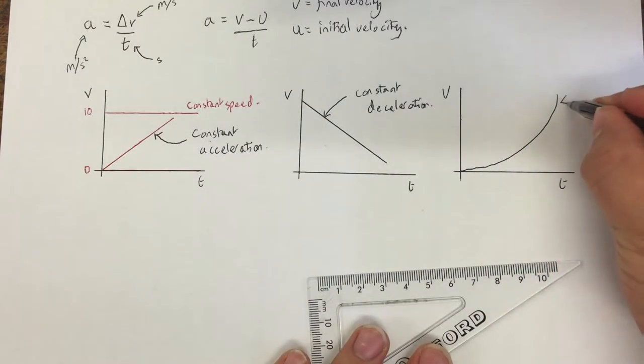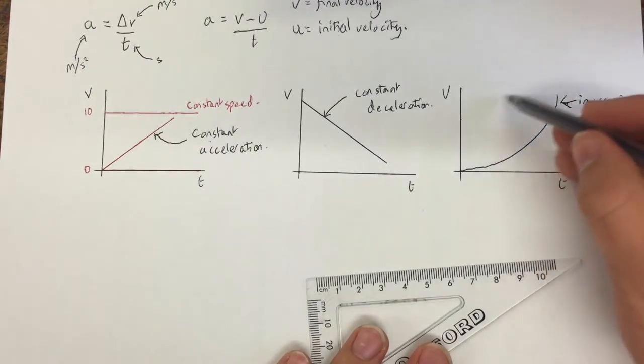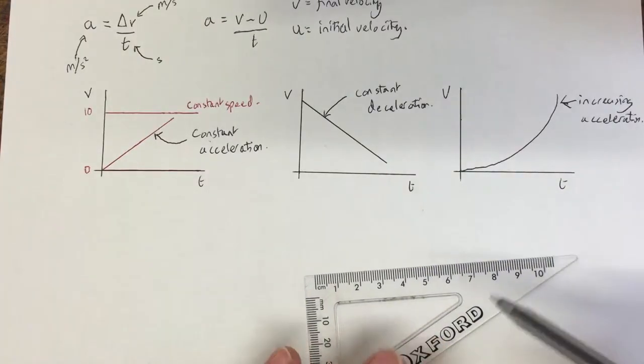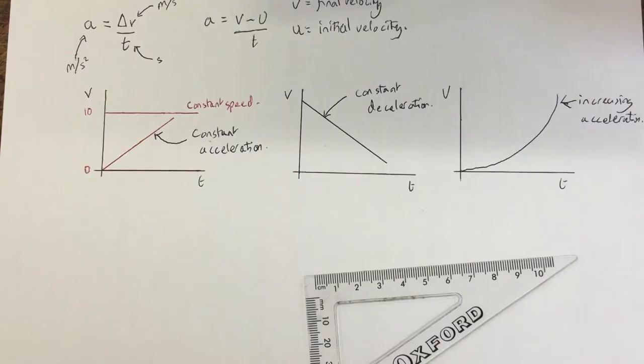So this would now represent increasing acceleration. And a curve flattening out would represent decreasing acceleration. So remember that those shapes are all very different to a distance time graph, and you must appreciate them separately.